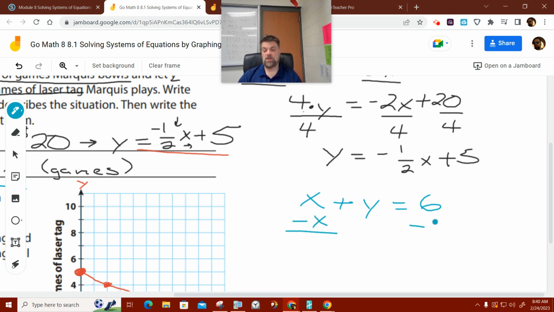0. So over here, these cancel and become 0, and I've got, well, I was going to put positive y, but I don't need to write the plus sign down. And are x and 6 like terms? No. So this is a negative x, and this is a positive 6. So this equation becomes y equals negative.